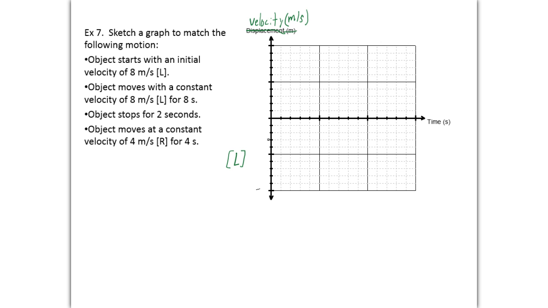And 1, 2, 3, 4, 5, 6, 7, 8. So the object starts there. Object moves with a constant velocity of 8 meters per second to the left for 8 seconds. So the velocity doesn't change for the next 8 seconds. So 1, 2, 3, 4, 5, 6, 7, 8. So that takes care of these 2 points. We just need to connect them.